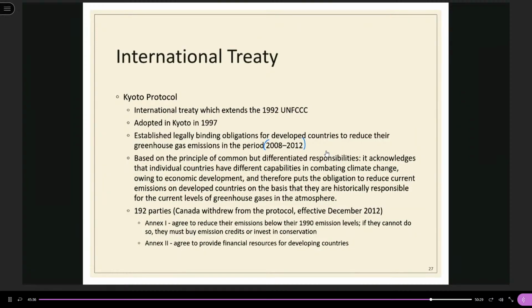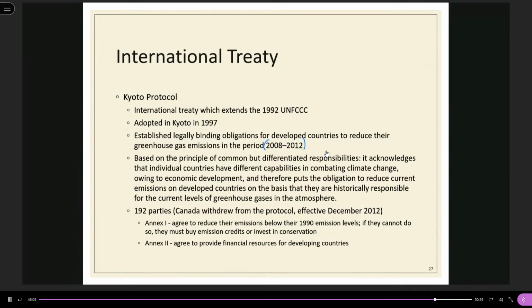Based on the principle of common but differentiated responsibility, it acknowledged that individual countries have different capabilities in combating climate change. The developed countries have the technology and the money to do more.